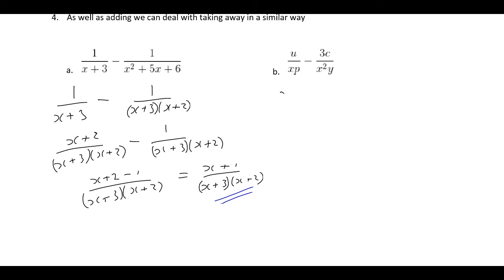So we're going to get xyu over x squared yp minus, on the right hand side we need a p on the bottom, so we're going to get 3cp over x squared yp. They now have the same bottom, xyh minus 3cp all over x squared yp. Okay, and that will be done.